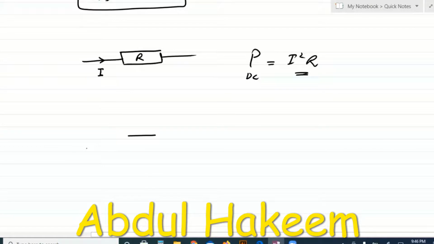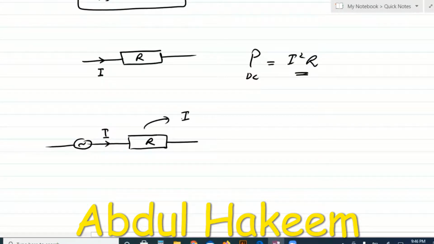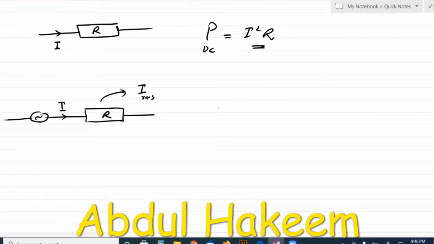But when the same resistor is supplied with alternating current of the same magnitude, the working current will not be the supplied current, it will be the RMS.